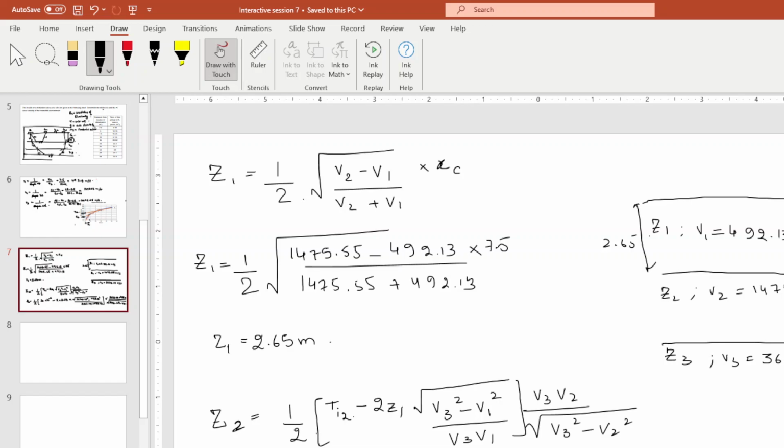Time intercept, yes. Z2 comes out to be 8.52 meter.